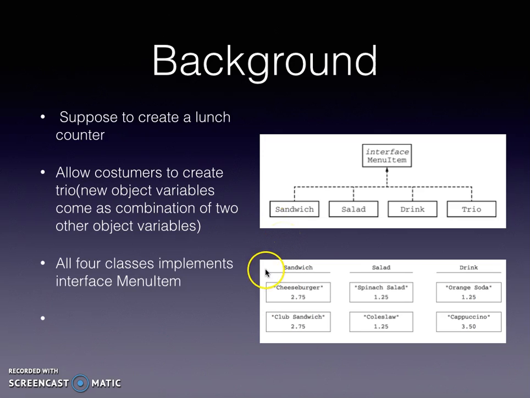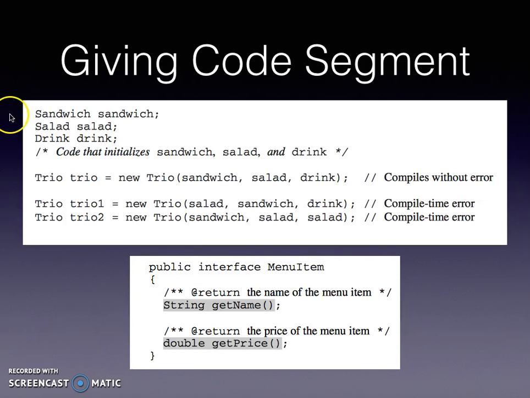Also, as we can see here, if we choose a cheeseburger, spinach salad, and orange soda, the combination of the Trio shall be salad and drink, since they have the lower values, and we'll talk about that later. And here is some given source code from the College Board.